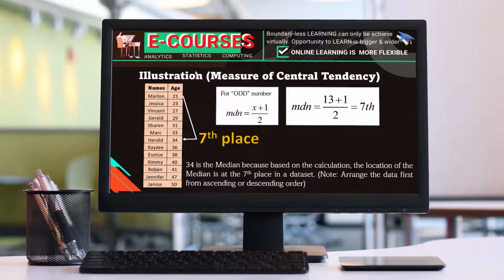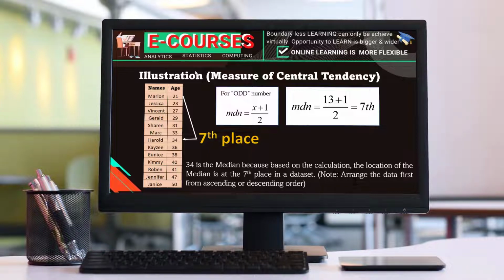So all you need to do is apply the formula x, which is 13 plus 1 divided by 2. The result is 7. So according to the formula, the median is located in the 7th place, which is 34.